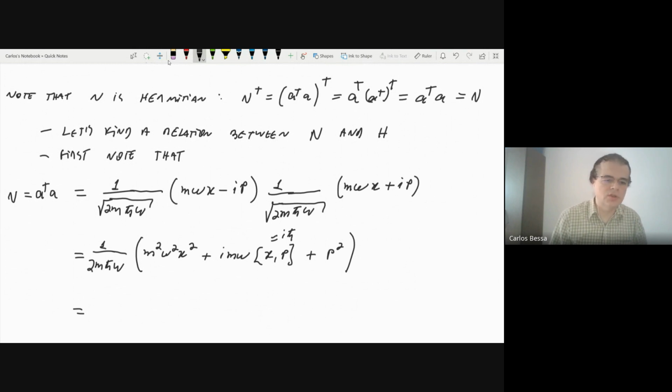So this is 1 over 2m h bar omega multiplied by m omega squared x squared minus m omega h bar plus p squared. And we can see that is just 1 over h bar omega.